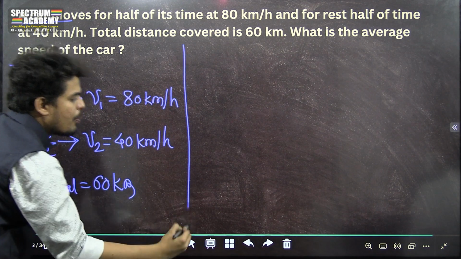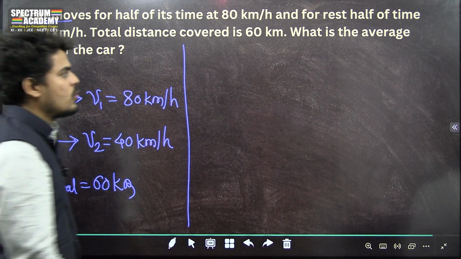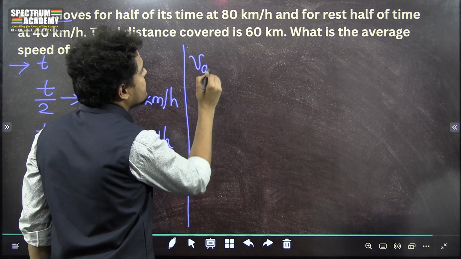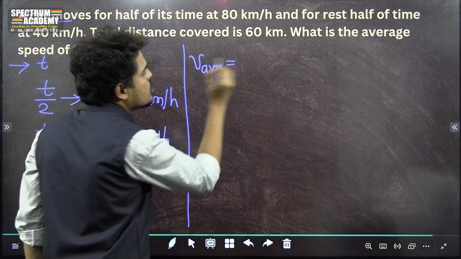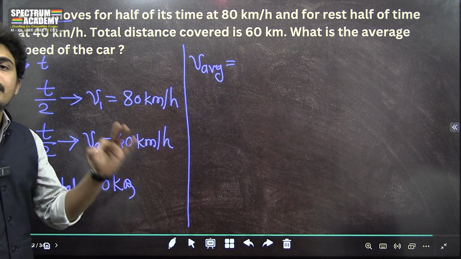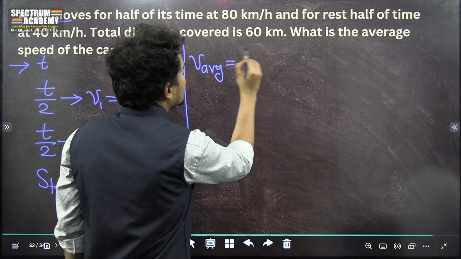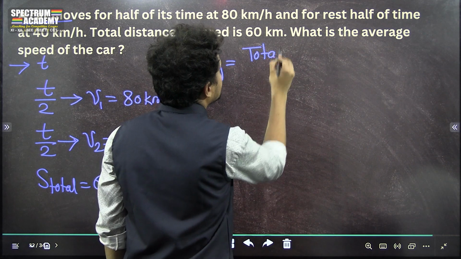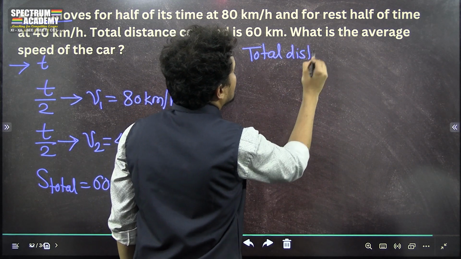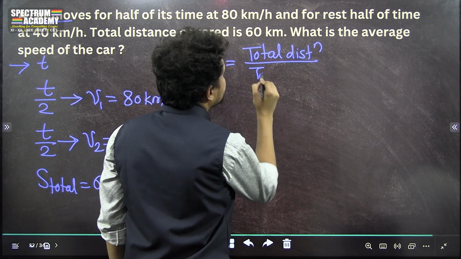Then what is the average speed of the car? We have asked about the average speed. Now, so V average equals to total distance covered by total time. We have seen this. So total distance covered by total time.